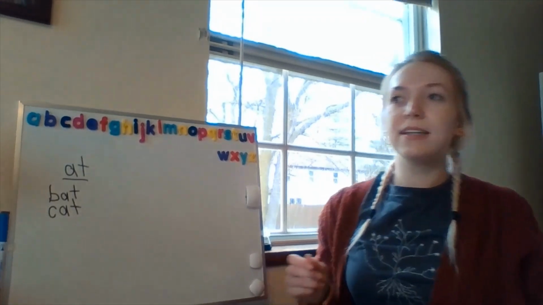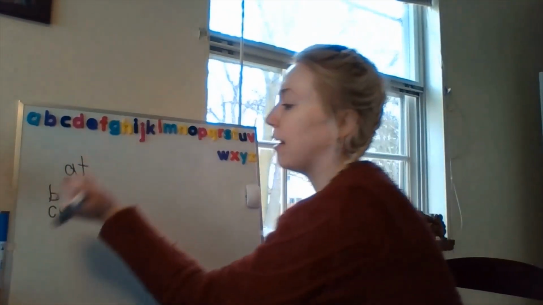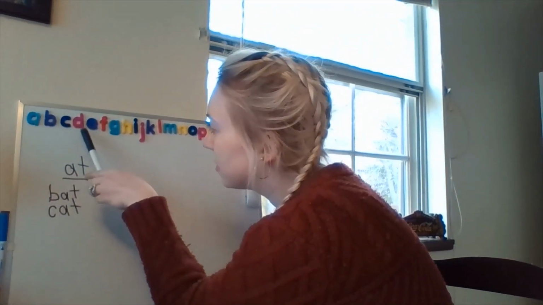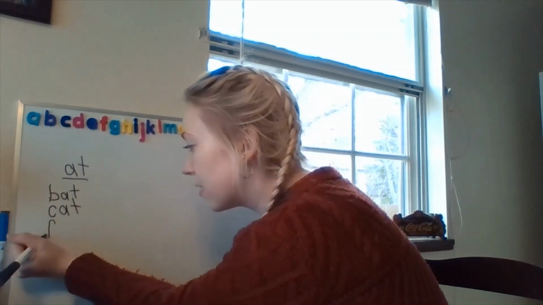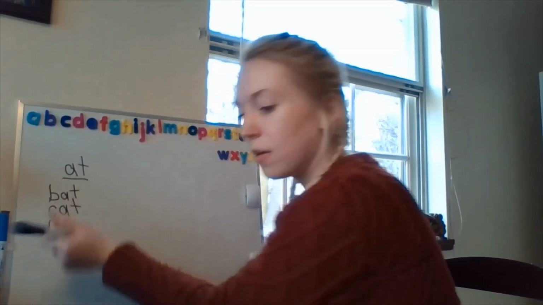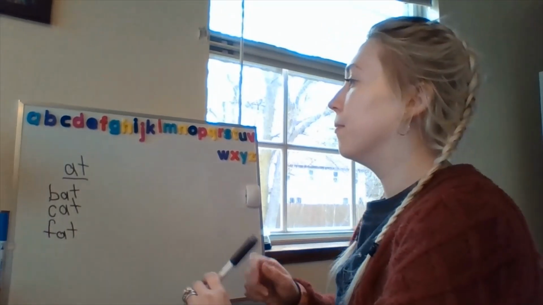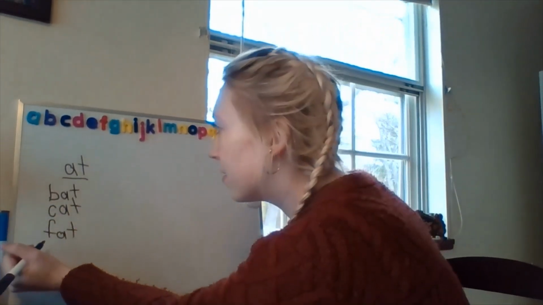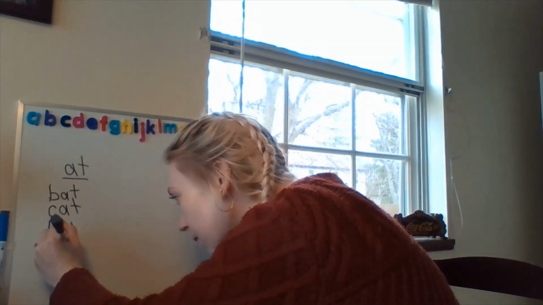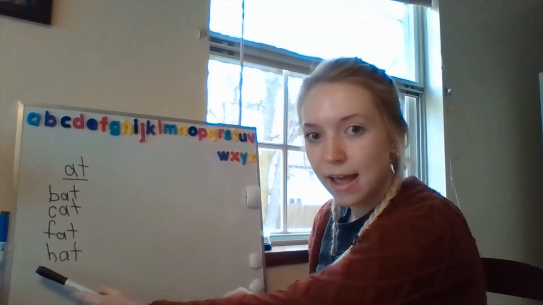So I want you guys to think of some more words that have the at sound, and you can write them down on your paper. And I'm going to think of some more too. Let's look through these. What about this word? At, fat. Let's keep going. What about at, hat?